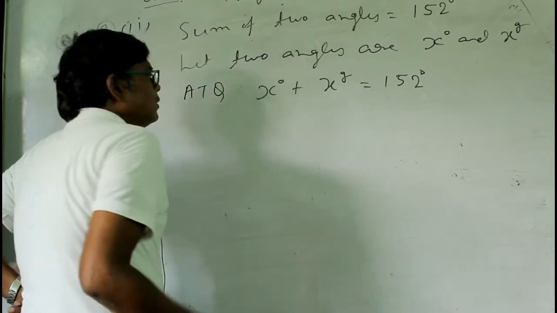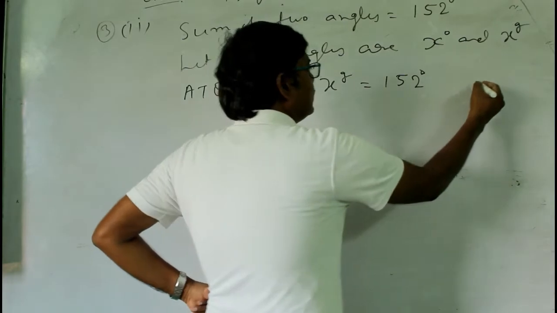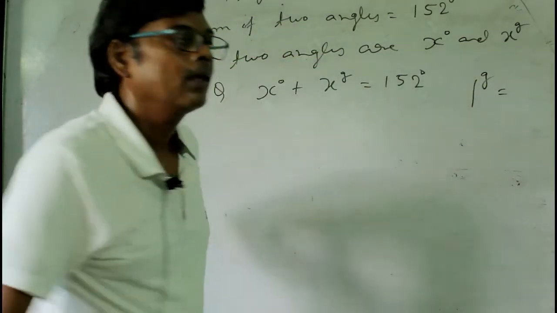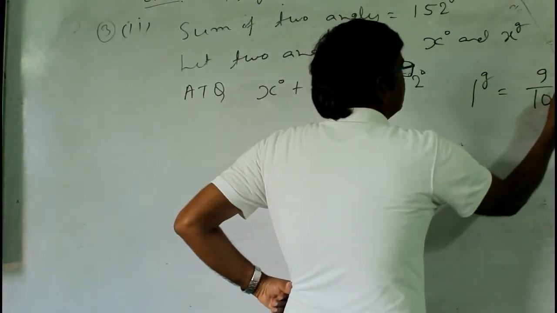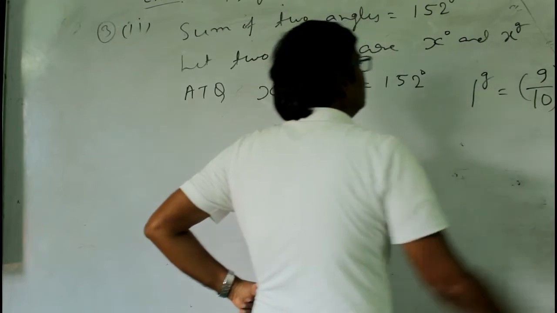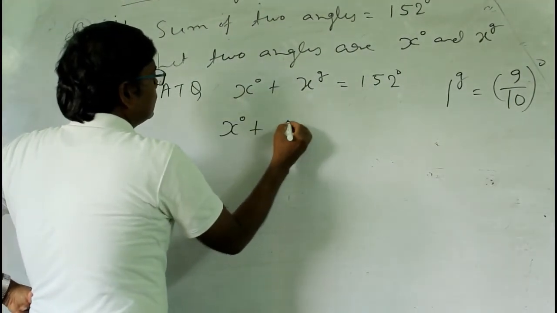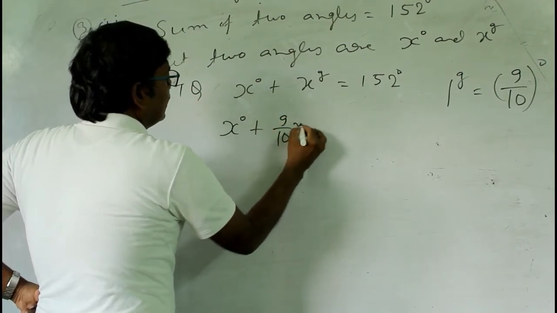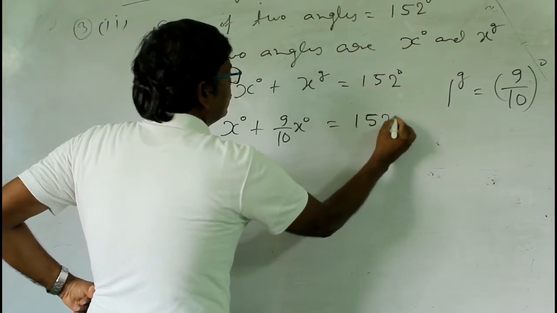So convert the grade into degree. I explained the formula that one grade equal to how much? One grade is equal to 9 by 10 degree. So here this will be x degree plus 9 by 10 x degree, and equal to 152 degree here.